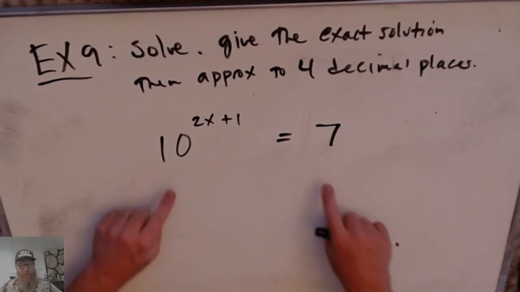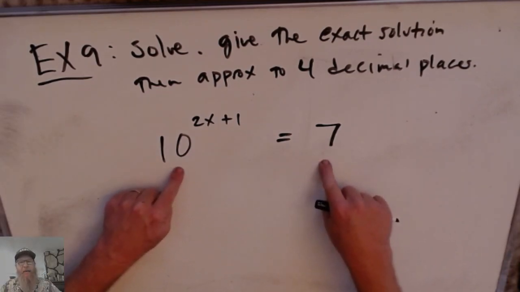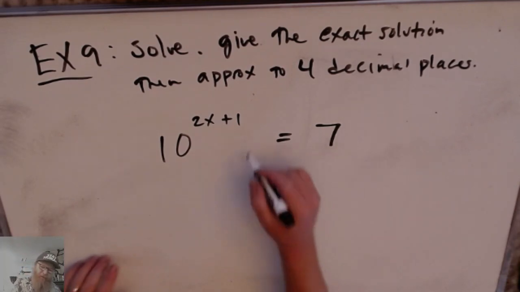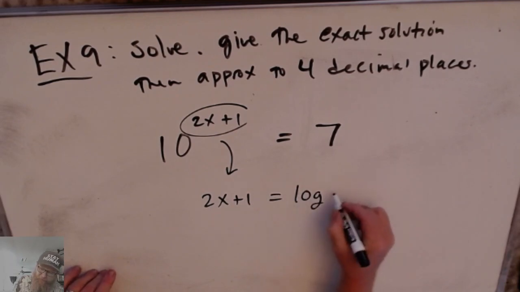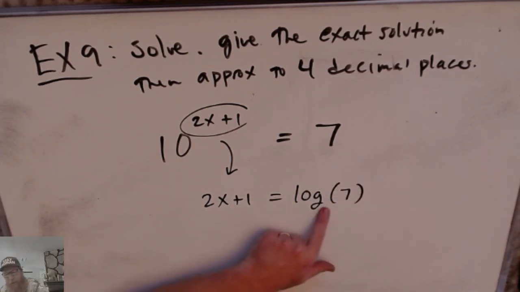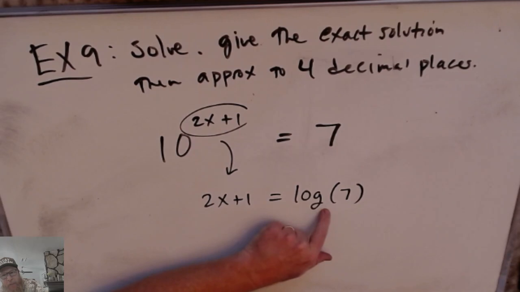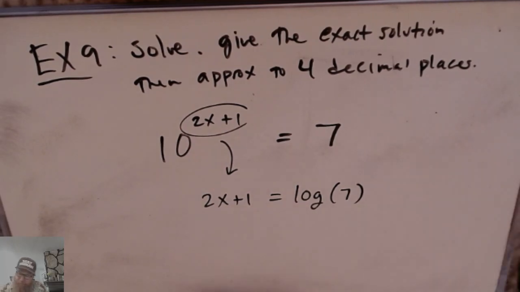All right. So now we're going to take the common log of both sides. Notice I don't put a base because it's implied to be base 10.